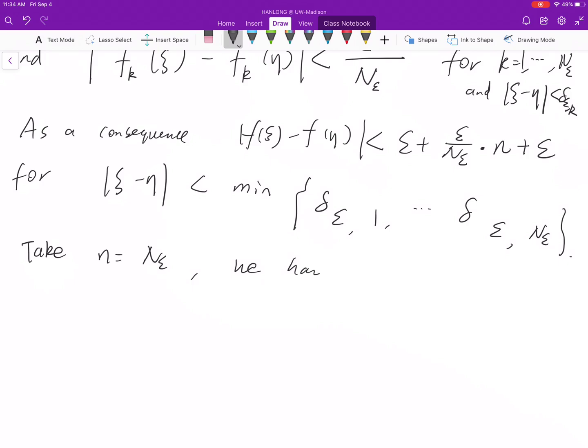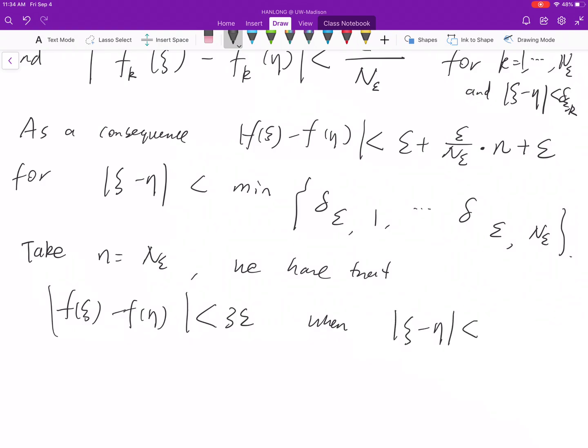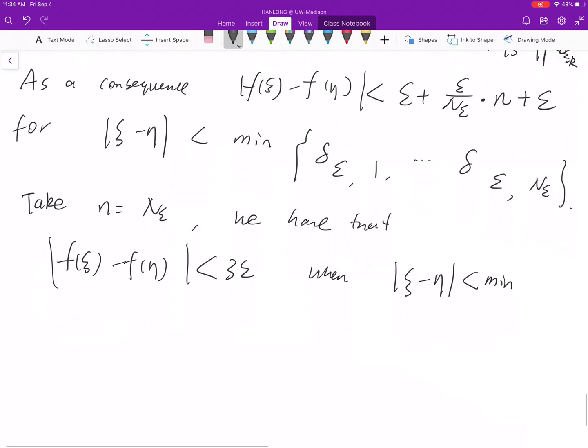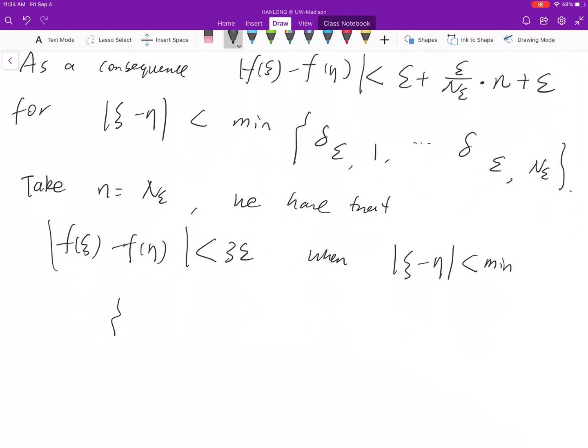We have that |f(ξ) minus f(η)| less than 3 epsilon when |ξ minus η| is less than the minimum of delta epsilon 1 up to delta N epsilon.